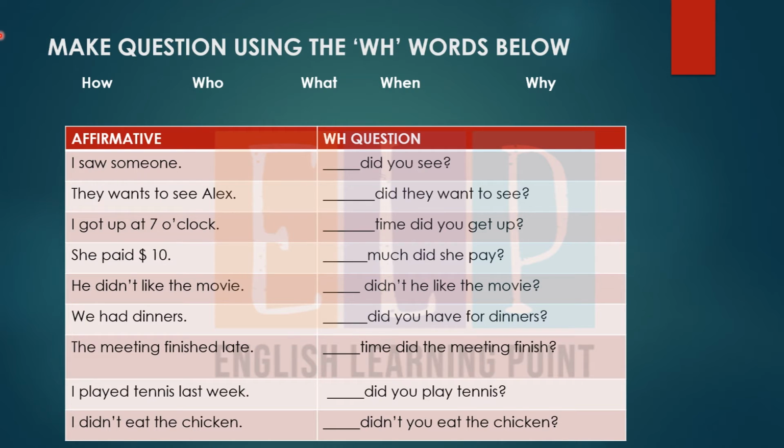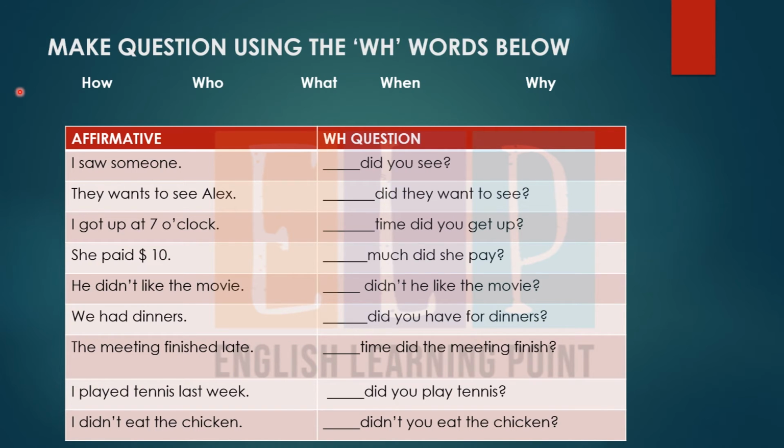Are you getting my point? I am saying first of all we need to read all of these affirmative sentences, and after reading them we can find our WH word, whether it could be how, who, what, when, where, whatever it could be. Alright?